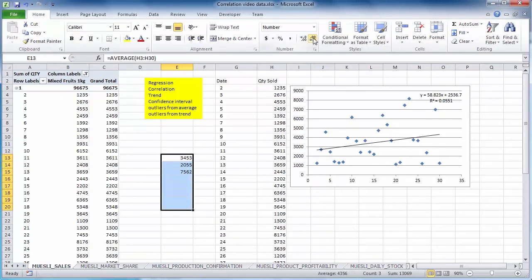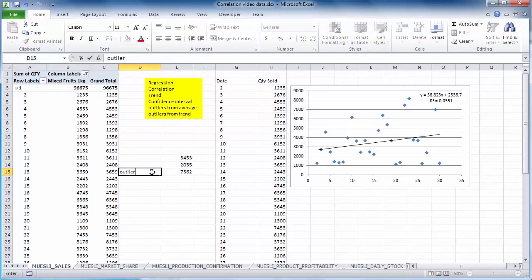I don't need that much precision. So this would be an outlier, and anything bigger than that, if you consider 95%. Now that's an outlier from the average. The average is about 34, which is right about there, straight across. There does seem to be a little bit of a trend here.